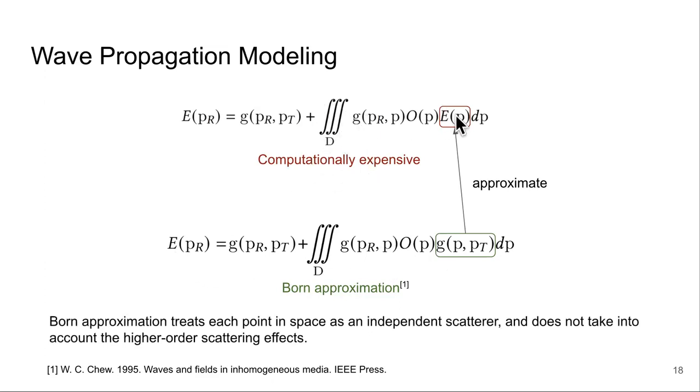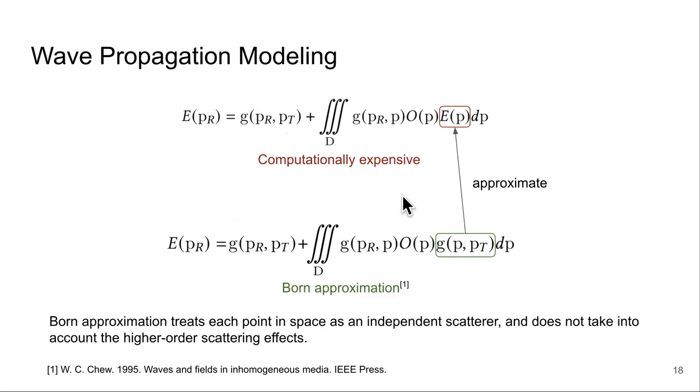Here we see the original E(P_R) equals something here. Another E is nested into this equation, which means that this one depends on the calculation of this one and so forth.